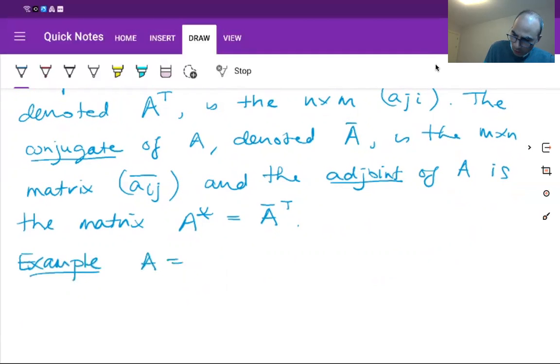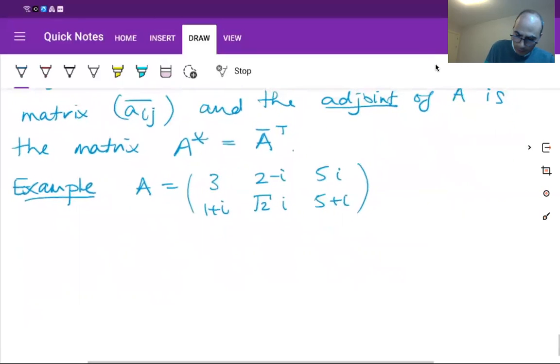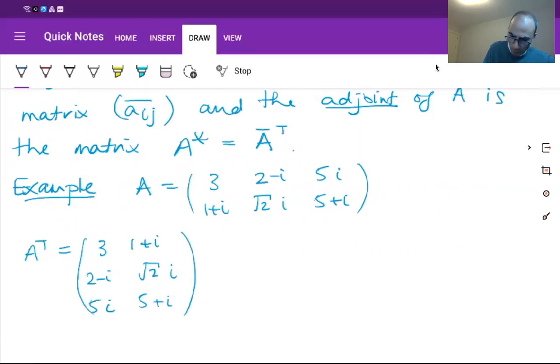So if A is the matrix 3, 2 minus I, 5I, 1 plus I, where I here is the square root of minus 1, root 2I and 5 plus I. Then A transpose is the matrix 3, 1 plus I, 2 minus I, 5I, root 2I, 5 plus I. So we've sort of reflected this matrix in the diagonal, and we obtain this as A transpose.